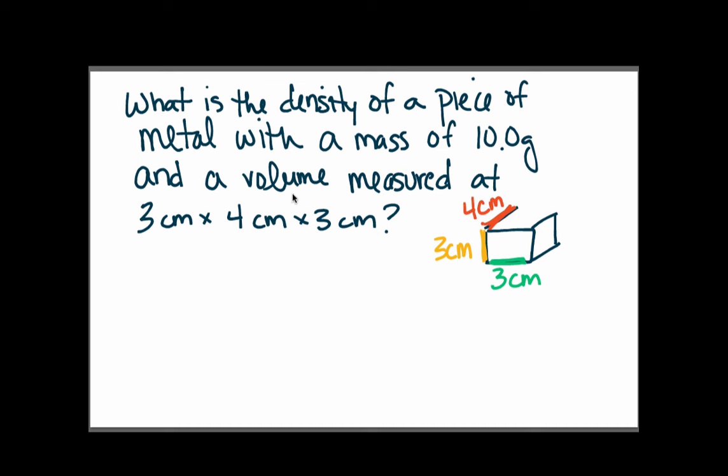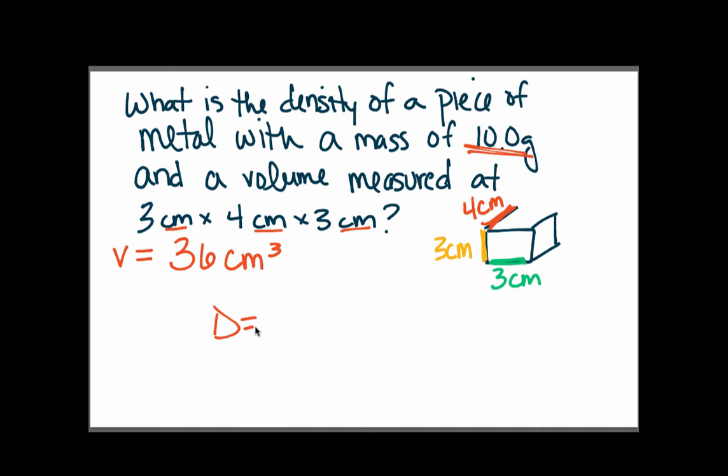So what I need to do is find that value. In your calculator, you would take 3 times 4 times 3. So you multiply the numbers through, and you're going to get a total of 36. Well, the units on that are centimeters cubed because there's 3 of them. So this is my volume. Volume equals 36 centimeters cubed. So now I have my mass, I have my volume, I can calculate density.